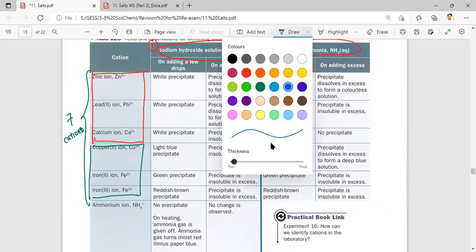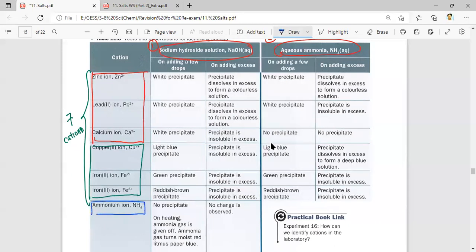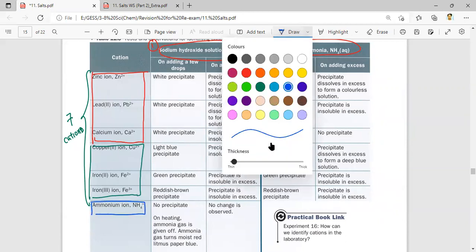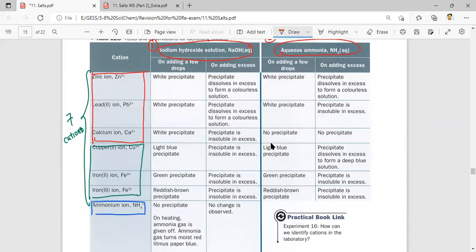And the last one will be ammonium on its own. Why do I have this classification? I want you to see here, sodium hydroxide. When you add a few drops initially, what happens? Zinc, lead, and calcium, all of them will form a white precipitate. That's why I grouped the three of them together, because they all form a white precipitate.